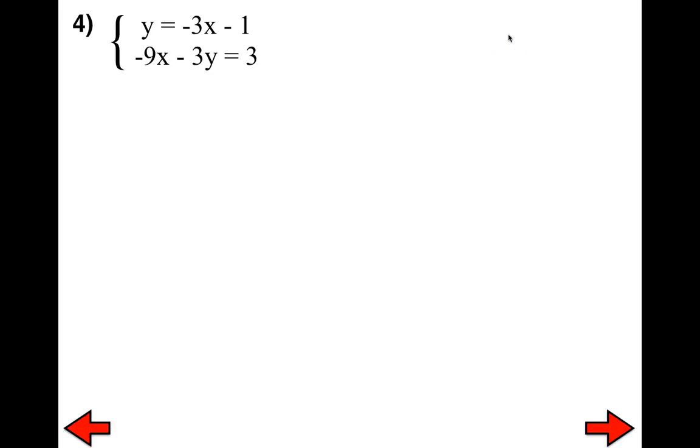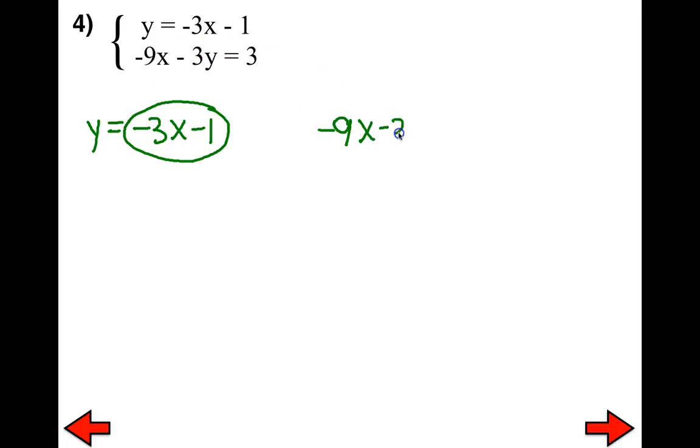Okay, so for number 4, again, hopefully you recognize substitution is going to be probably your best bet. So here, I'm going to write y equals negative 3x minus 1. Why am I using substitution? Because y is already solved for, so I could take this expression and substitute it into the other equation, which is negative 9x minus 3y equals 3.